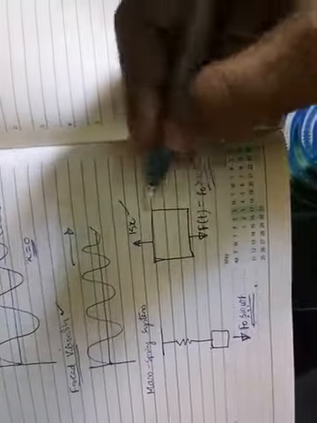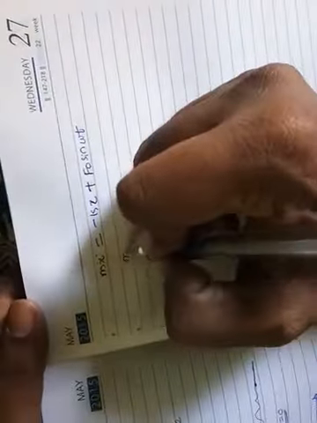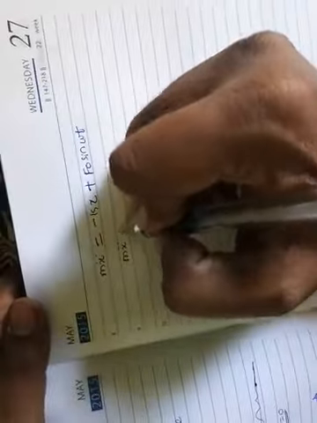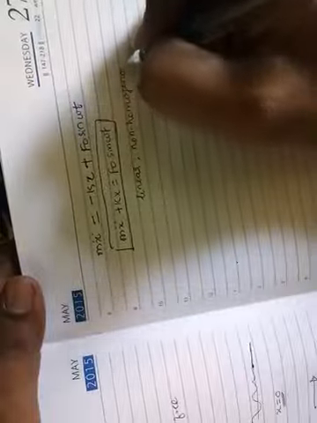You can see the spring force and the forcing function are in opposite directions, so it can be written as m x double dot plus kx is equal to F0 sin omega t. This equation, where the right hand side is not equal to 0, is called a linear non-homogeneous equation.